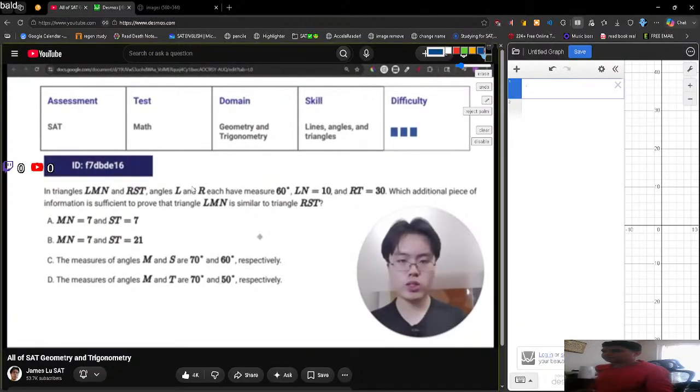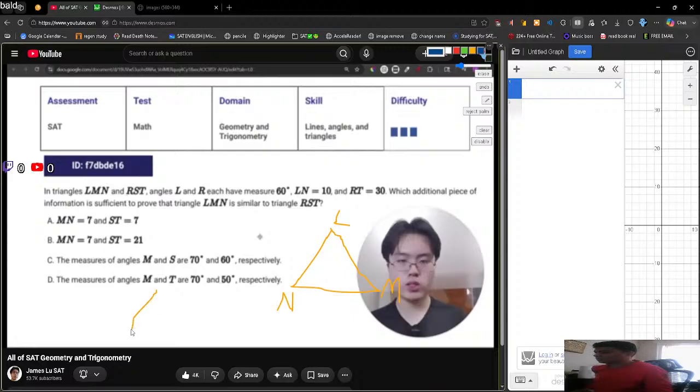Okay, so in triangle LMN and RST, let's draw a smaller RST. Angles L and R each have a measure of 60.